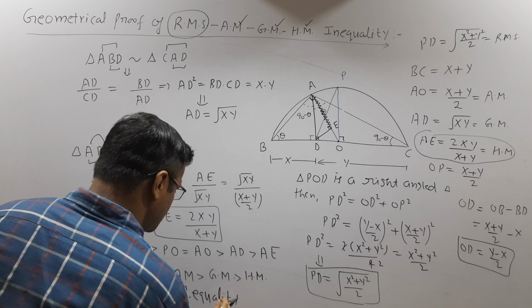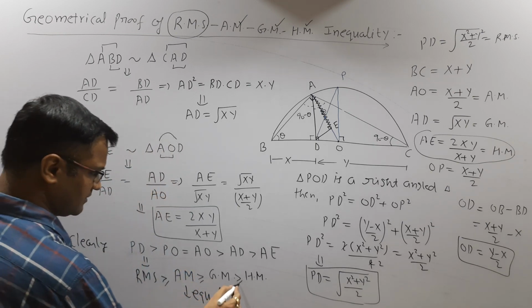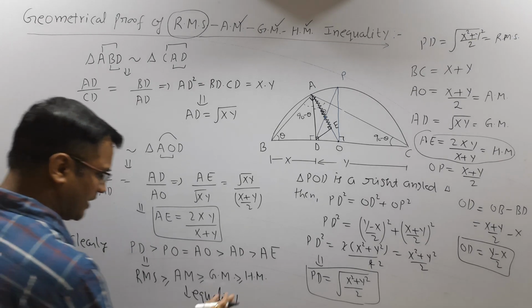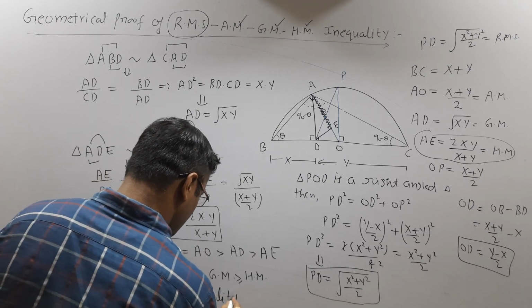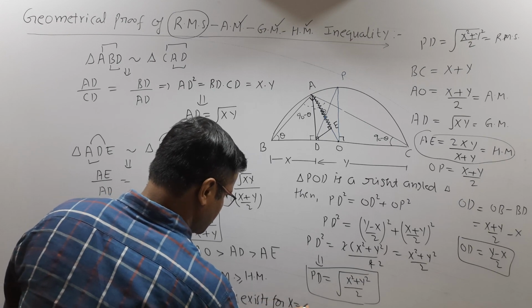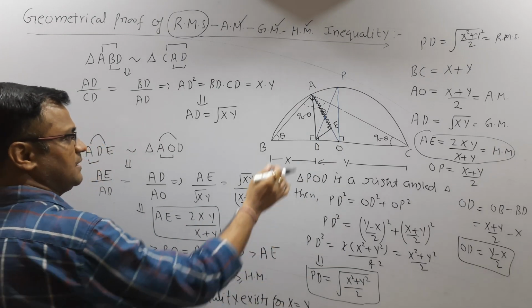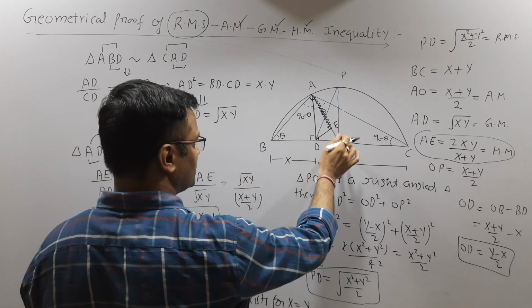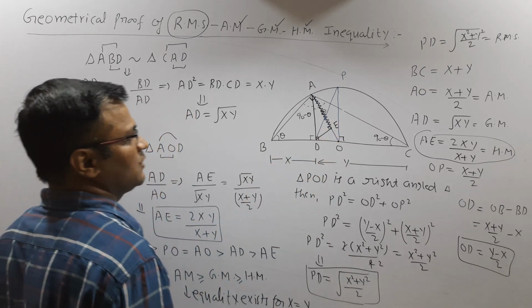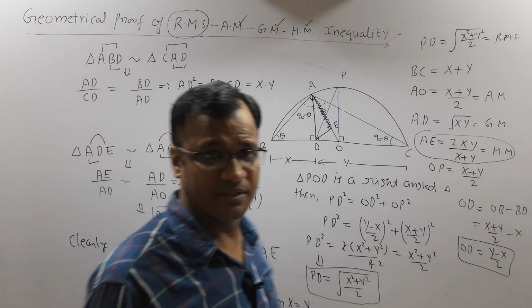So in general we talk about the case of equality. Equality exists for x equals y. That is when A coincides with P, then at the same time D coincides with O and E also coincides with O. Then all lengths become the same. Hence proved. Okay, thanks for watching.